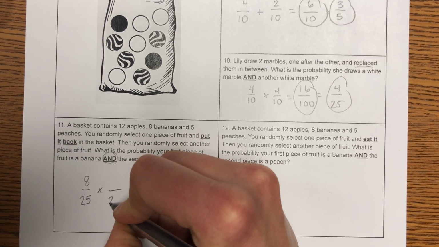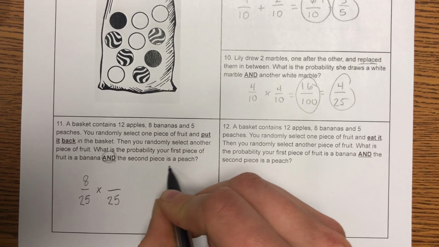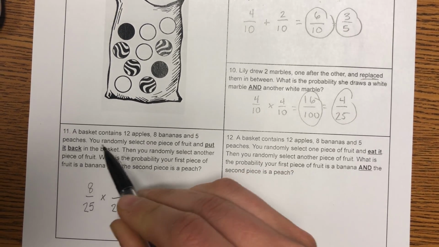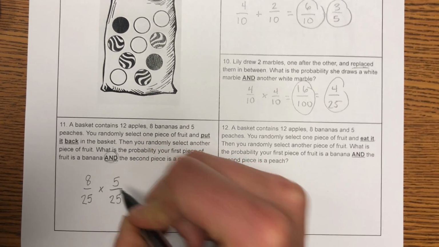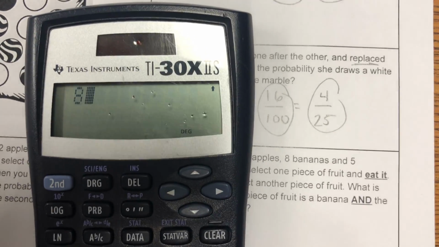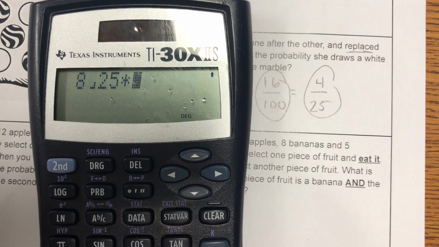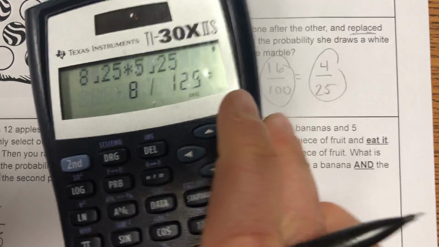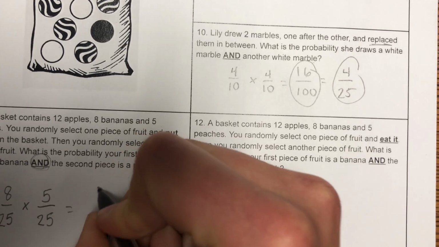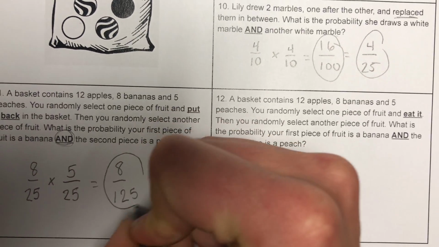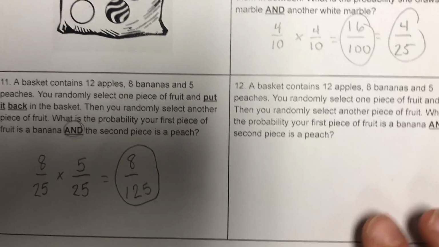There are still 25, but now I want to know the second one is a peach. So I look up here and I see that there are 5 peaches. So I can use my calculator. We can type in 8 25ths times 5 25ths, and we're going to get 8 over 125. That would be our probability for that one.